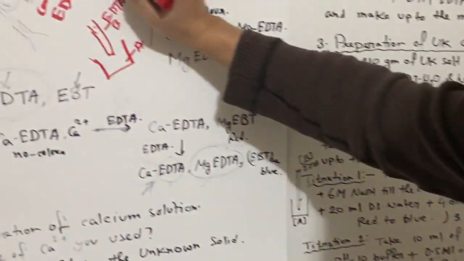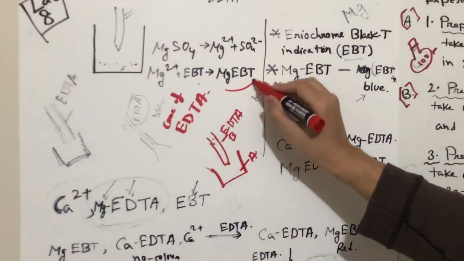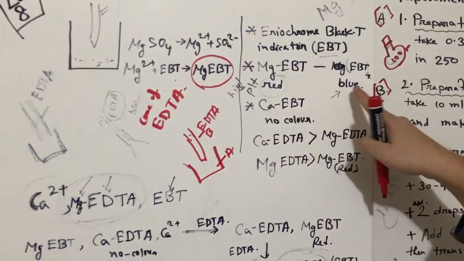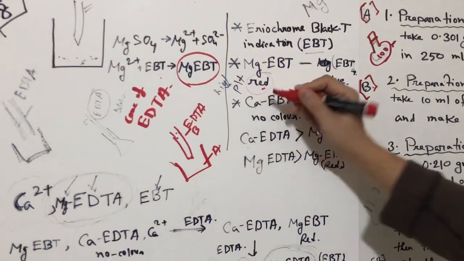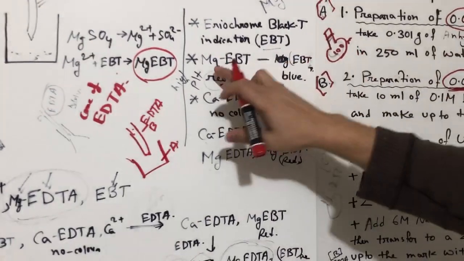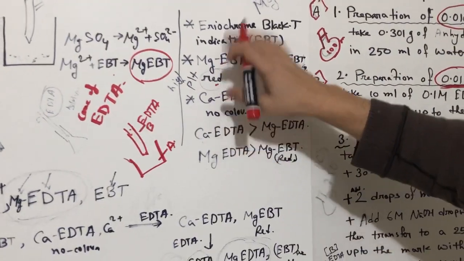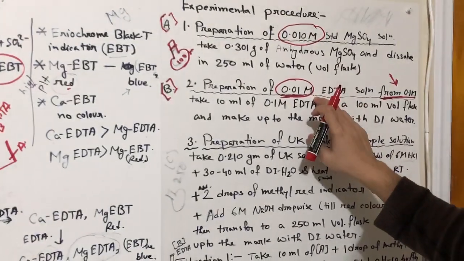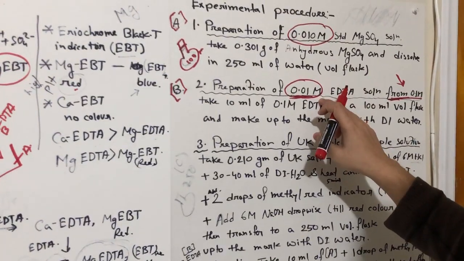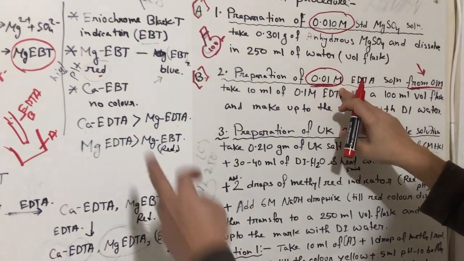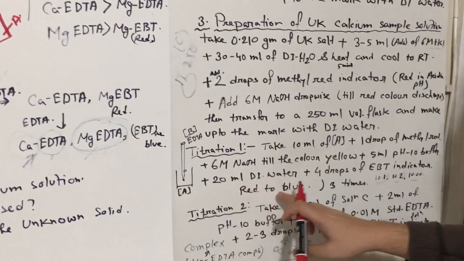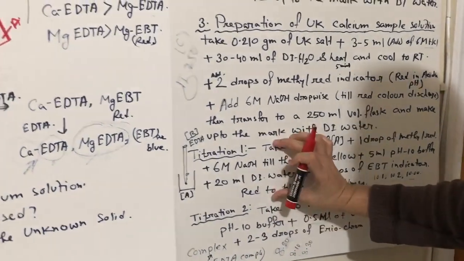So magnesium EBT is actually red in color, right? When all of the EBT is replaced by the EDTA from B, the color is going to change from red to blue.